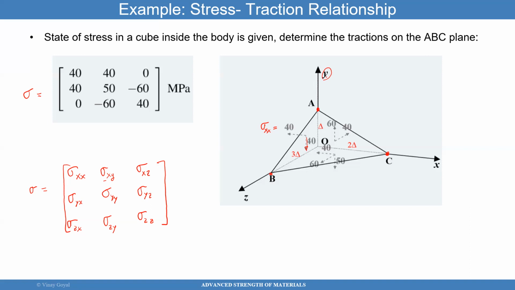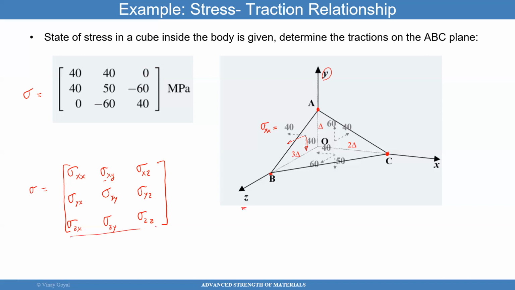Sigma xz, however, on that same face, there's nothing going that way, it's zero. You can see that there is zero. Nothing's going on there. Now let's look at the triangle AOC, whose normal is in the Z direction. So AOC is the C face.